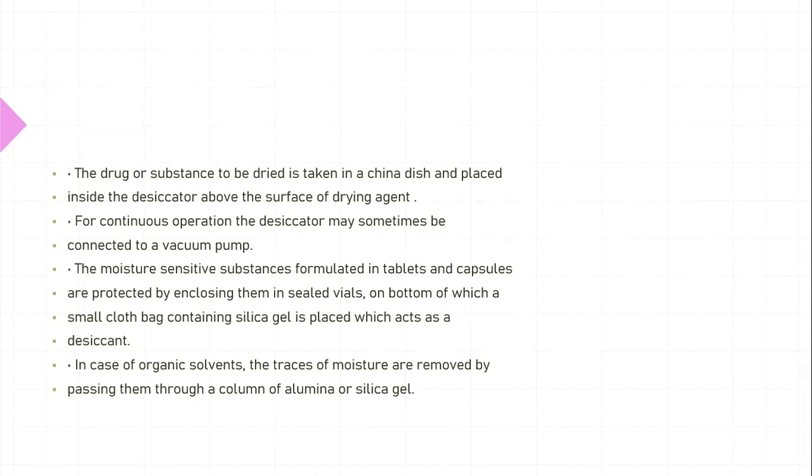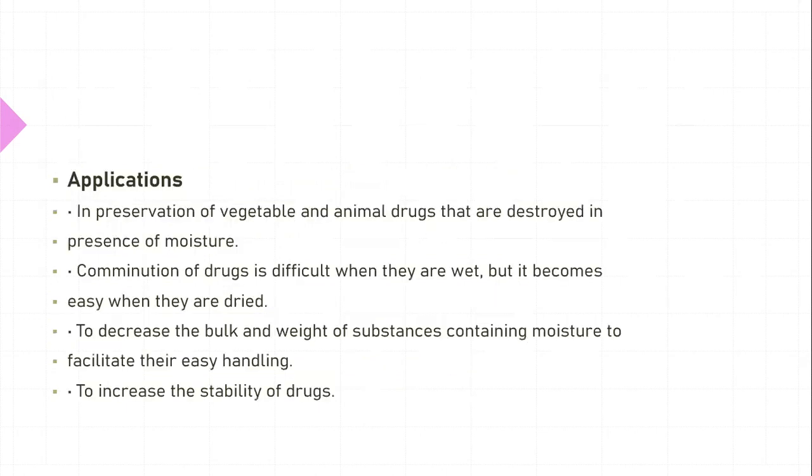Moisture-sensitive substances formulated in tablets and capsules are protected by enclosing them in sealed vials, at the bottom of which a small cloth bag containing silica gel is placed, which acts as a desiccant. And you must have noticed and seen that. In the case of organic solvents, the traces of moisture are removed by passing them through a column of alumina or silica gel.